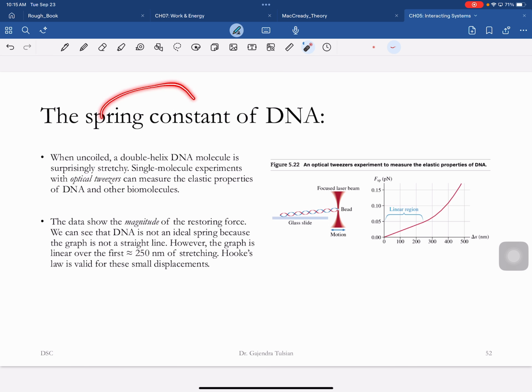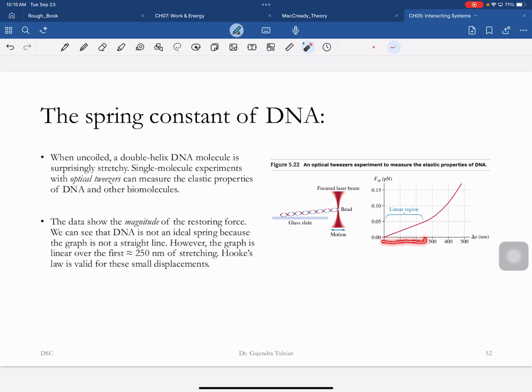Okay, so here's the spring constant of a DNA molecule. So here's a DNA molecule. Okay, this is what is called an optical tweezer. Okay, so here you can anchor a DNA molecule, and you can hold this other end with two laser beams that are focused. Okay, that's called an optical tweezer, and UF has these things. And you can apply a force and stretch the DNA molecule. Okay. And you see this is the linear behavior.